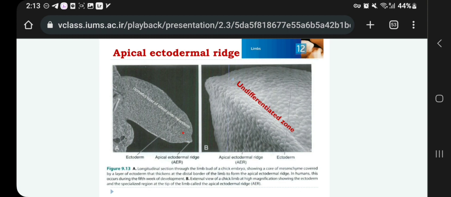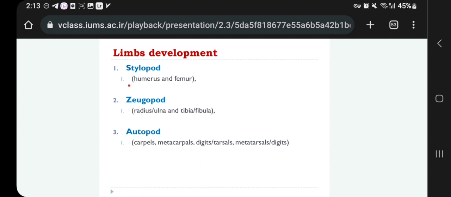In this manner, the development of each limb starts from the proximal to the distal, because we haven't enough induction here, and it starts to differentiate into three parts: stylopod, zygopod, and autopod.